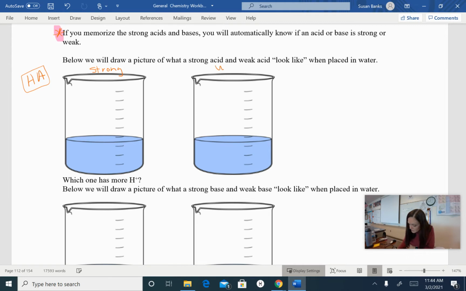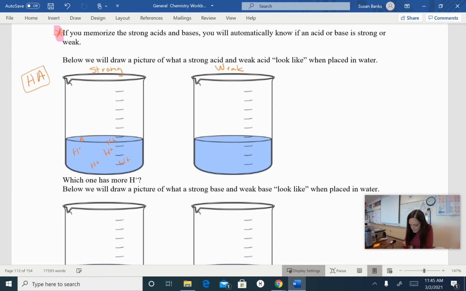And let's do weak here. If it's strong, it's going to dissociate. Let's put 5 in here. So if it's strong, I'm going to have hydrogens off by themselves in this solution.